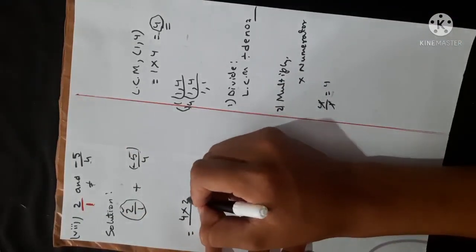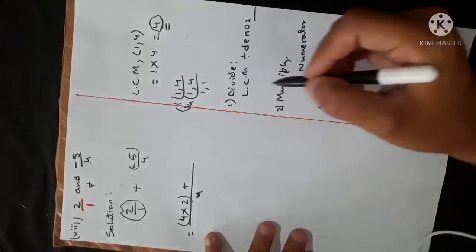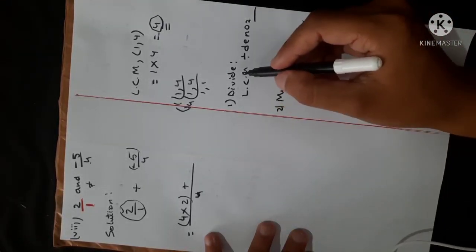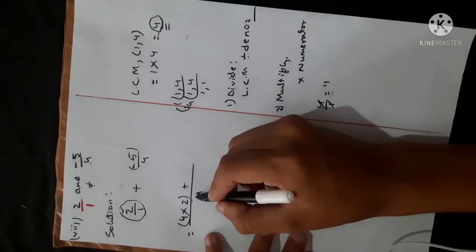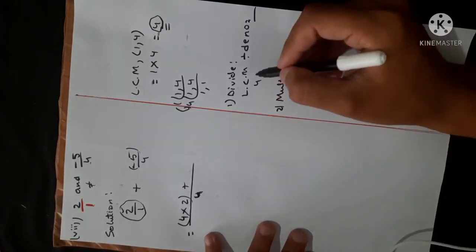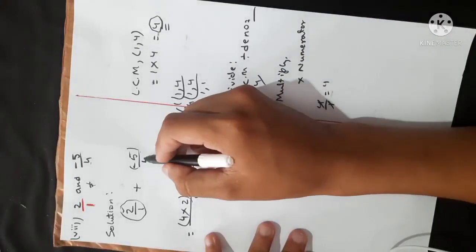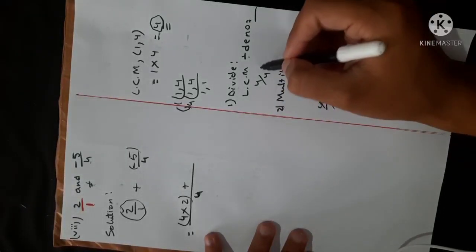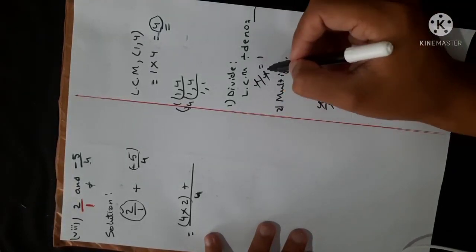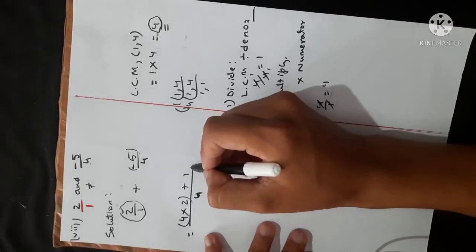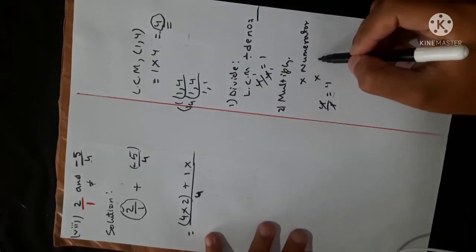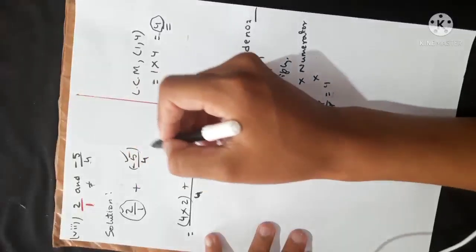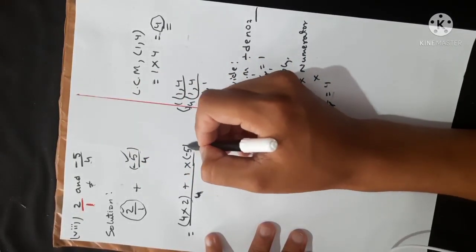Numerator here is 2, so 2 plus, so plus. Again, divide LCM with denominator. Here LCM is 4, so 4 divide by 4 equal 1. The 1 multiply again with the numerator. The numerator here is minus 5, so minus 5.